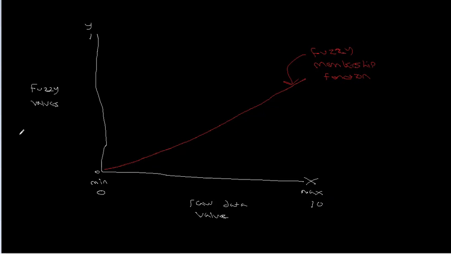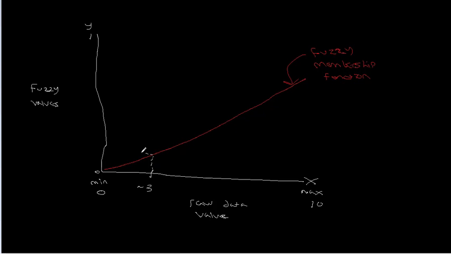If we were to pick a value right about here, this would be about 3 inches. What we would do, and this is basic graph interpretation, is we're going to say this raw data value of 3, fed into this fuzzy membership function, we're going to look where this value of 3 hits the line that represents this function.